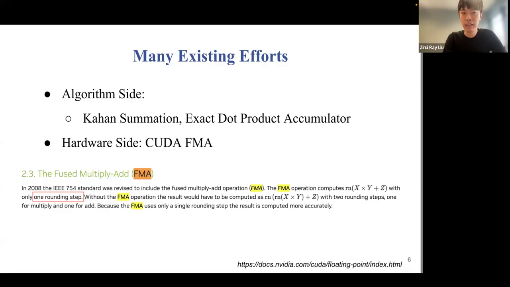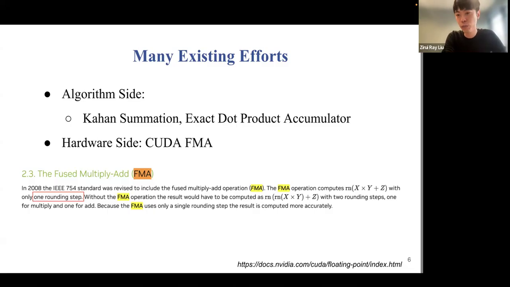So coming back, this is for the algorithm side solution. NVIDIA and the scientific computing community are also aware of this problem. That's the reason why we use another hardware primitive called FMA, short for fused multiply and add.